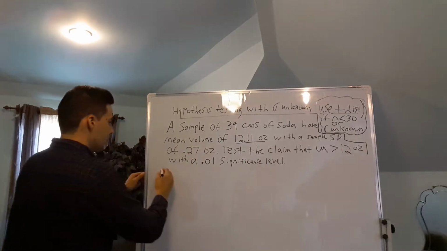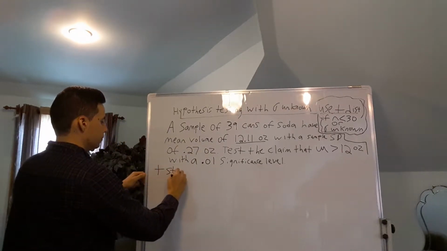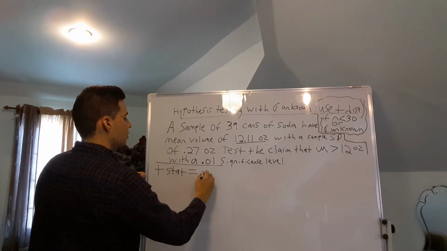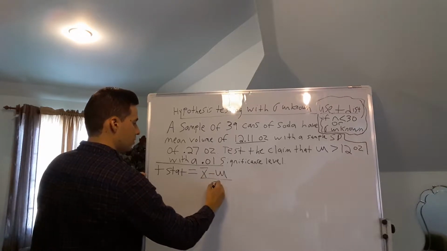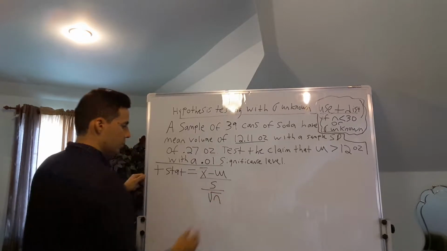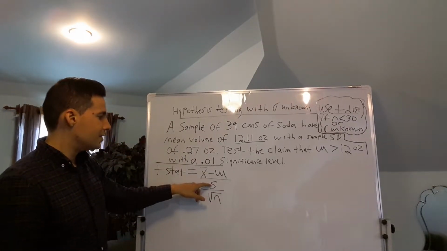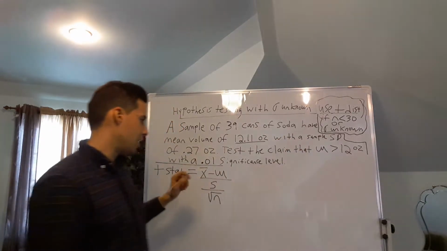Okay, so the t-statistic is equal to x bar minus mu over the sample standard deviation over the square root of n. So here we're going to use the sample standard deviation to approximate the actual standard deviation.